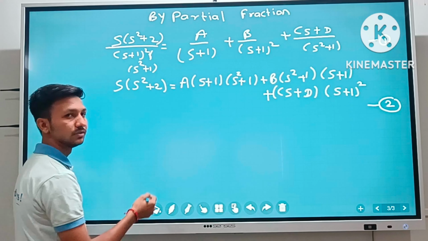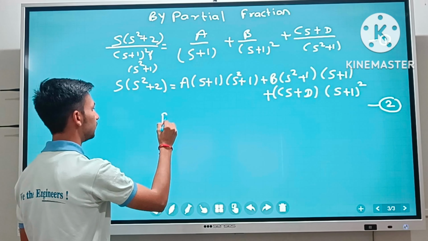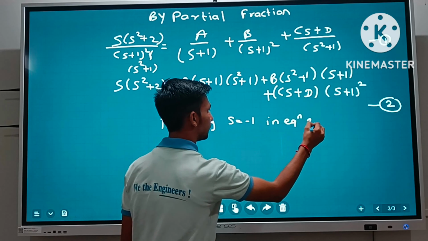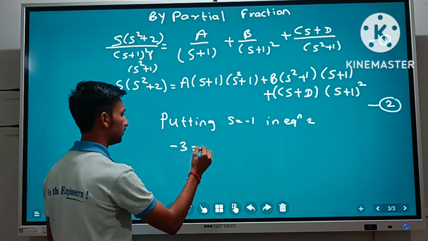Now put s equal to minus 1 in equation second, we get minus 3 is equal to 2 b.